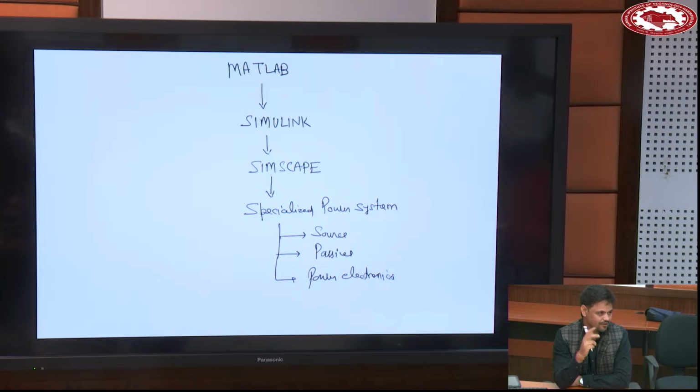In the switched model we will use IGBT. In the average model we will use a controlled voltage source and current source. They are there in the source section. So do you want to use the switched model or the average model? Both. Right.